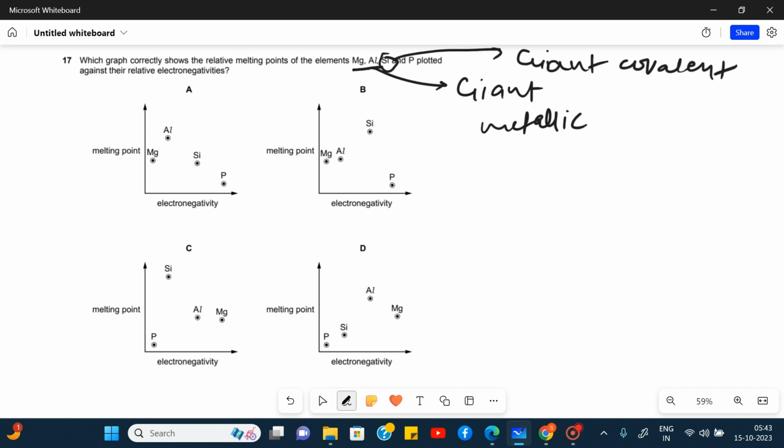Phosphorus has simple molecular structure, so silicon will have the highest melting point because the energy required to break covalent bonds is the highest. So silicon will be at the top along y-axis.